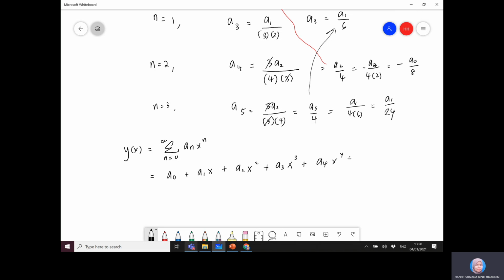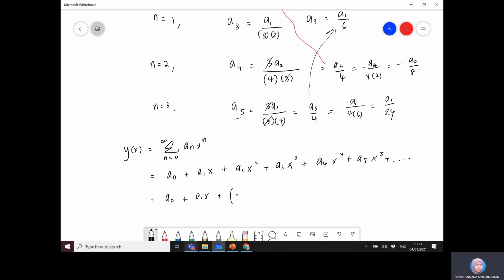Since we have until a5, maybe I'll stop at a5. So then we can put in the values that we know, in terms of a0 and a1. So a0 here and a1 here are maintained.